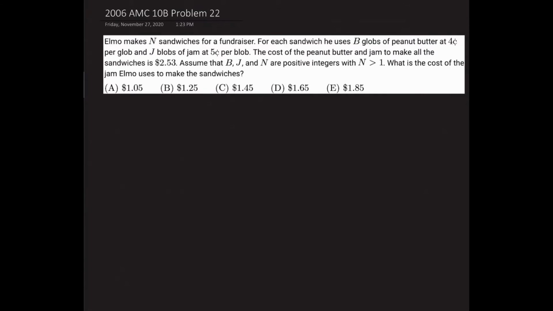So the first step on this problem is to identify our variables and write down any information we have about them. So we already know N sandwiches. And we know that we have B globs of peanut butter that are 4 cents per glob.